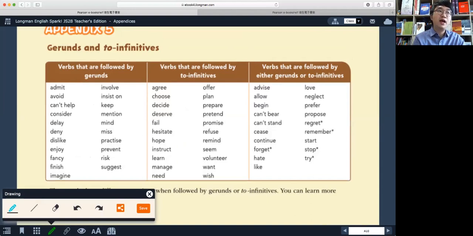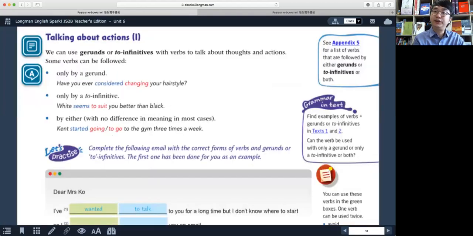So in this example, on page 31, you can see that after considered, we have changing. The verb is change. Verb plus ing, the gerund form of change is changing.